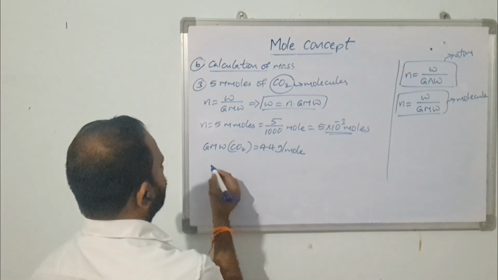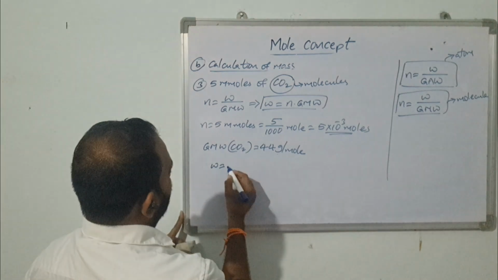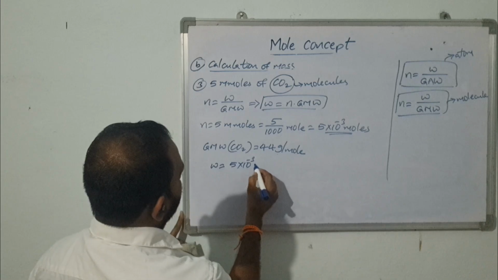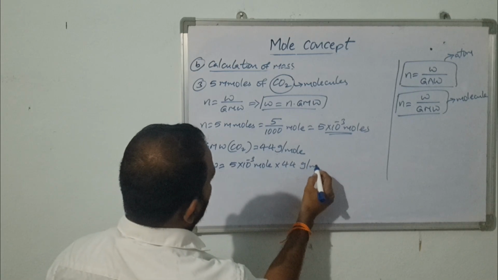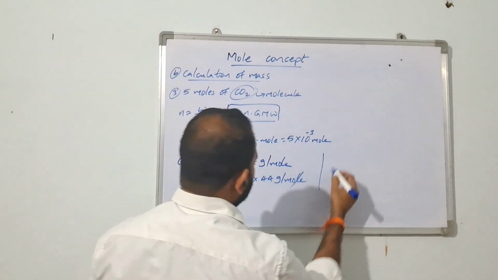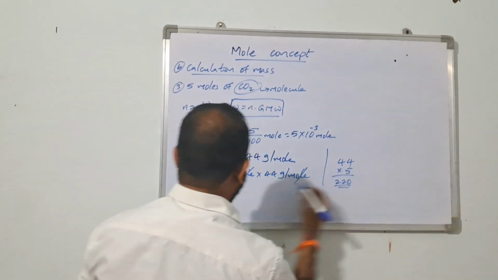We substitute these values. Mass equals number of moles, 5 into 10 power minus 3, times 44 grams per mole. 44 into 5 equals 220.